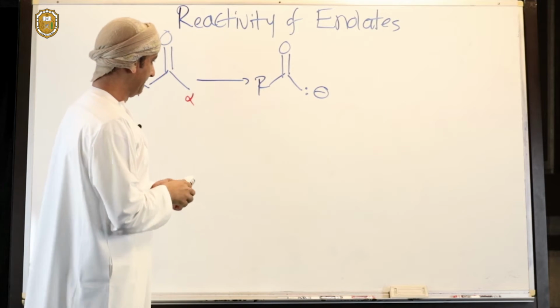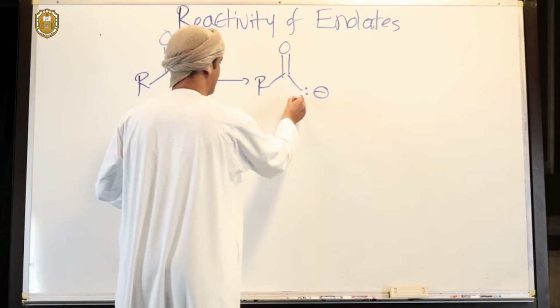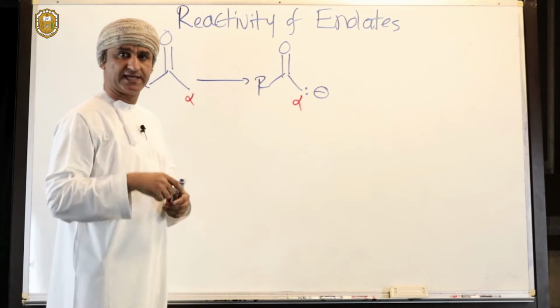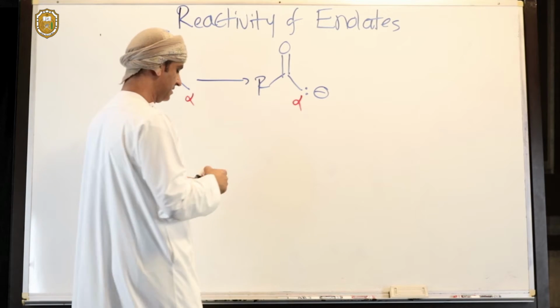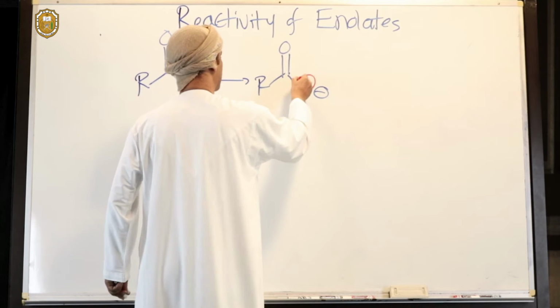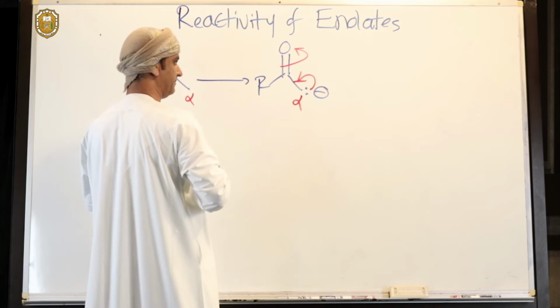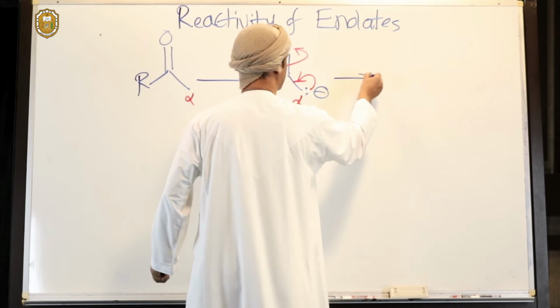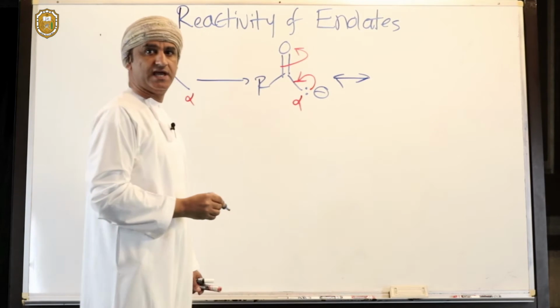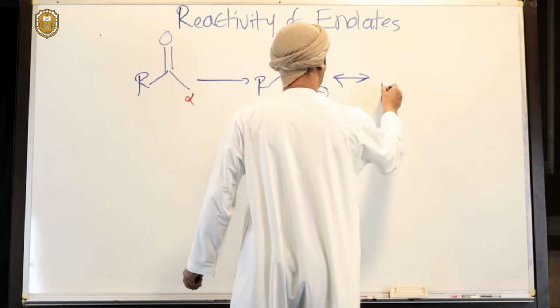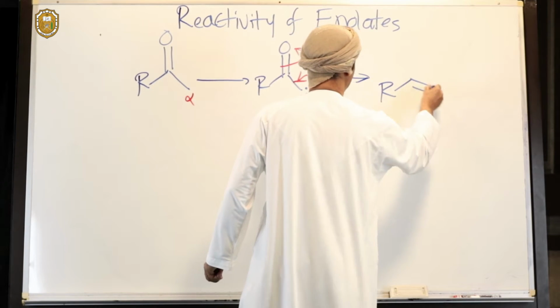This is the alpha carbonyl. Now the alpha carbonyl can undergo resonance to form the corresponding enolate, as we have seen generally in a previous scheme. So resonance stabilization of the alpha carbonyl can give the corresponding enolate, whose structure is this.